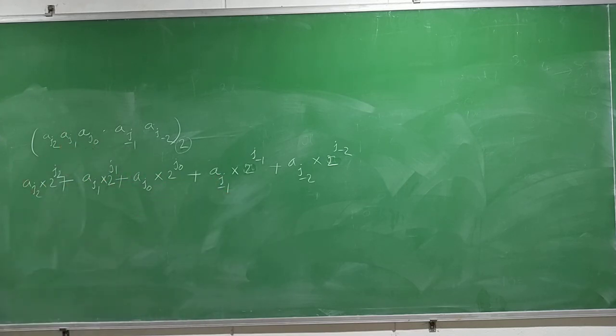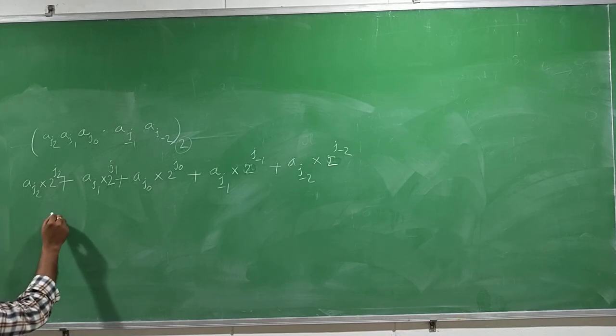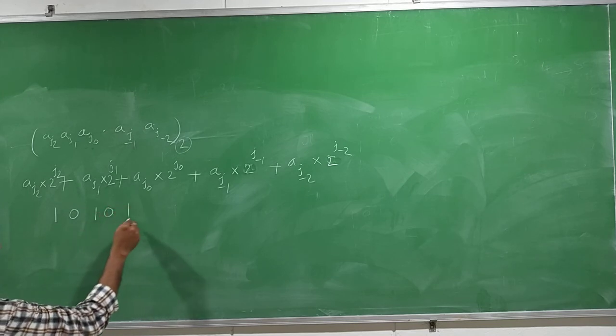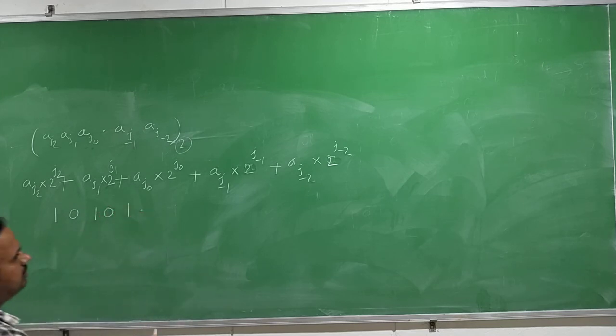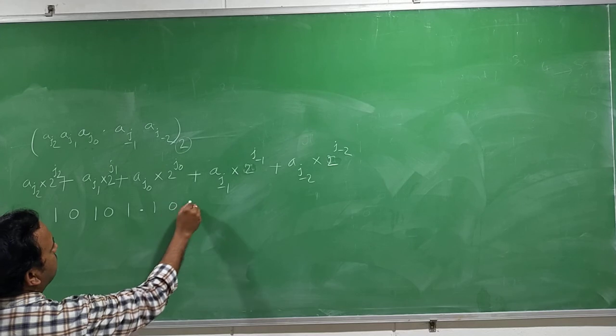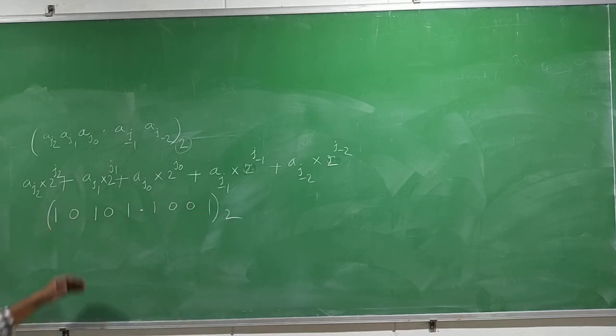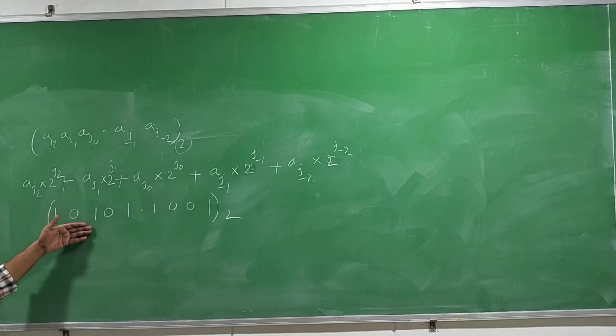Now with this I will do a small exercise. I have, for example, 10101 point something like 1001. I have some number here. Please write this number into this form and tell me what the result will be.